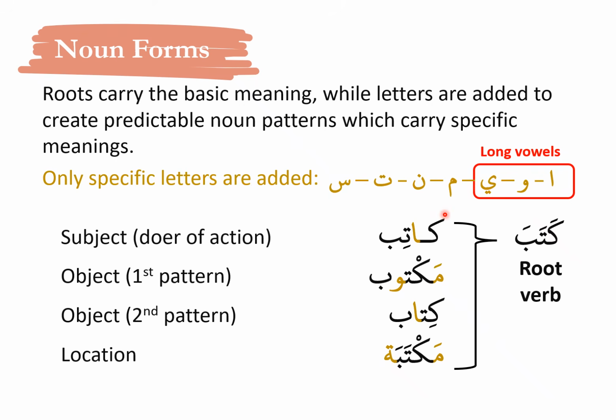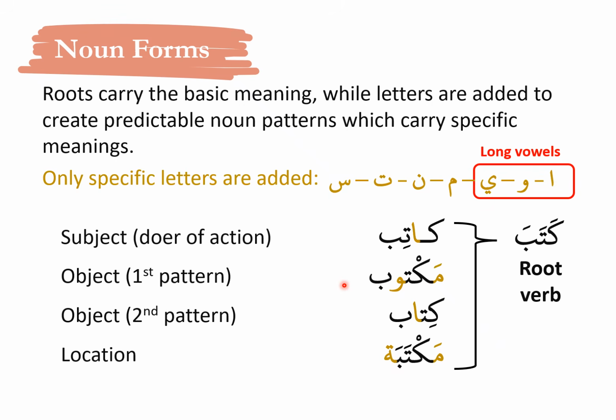So adding these additional letters, maybe changing the signs on these letters, the marks, the fatha and the dhamma and kasra, they will be changed according to a pattern also. And accordingly, you create a new word. This new pattern has a slightly new meaning from the root, but still linked to it. So this is as for noun forms.